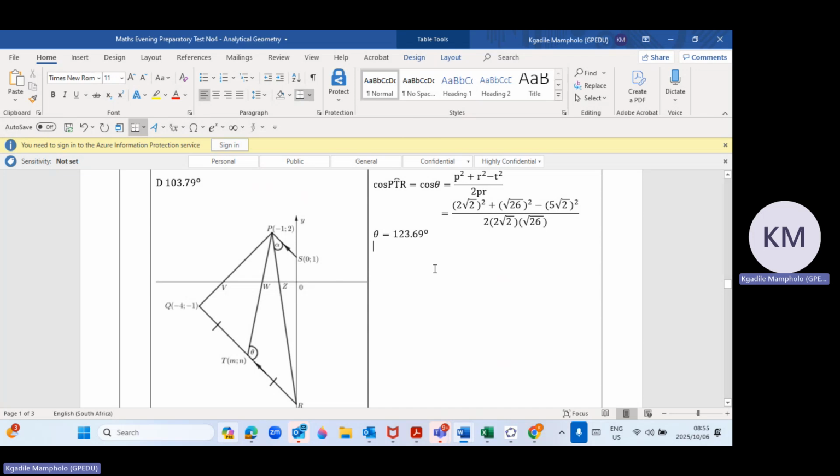So you must also be aware that there are questions where you'll be forced to use the cosine rule. But if, let's say theta was here, we'll use the inclinations. You'll find the inclination of PR, you'll find the inclination of PT, then you say exterior angle is equal to the sum of two opposite interior angles.